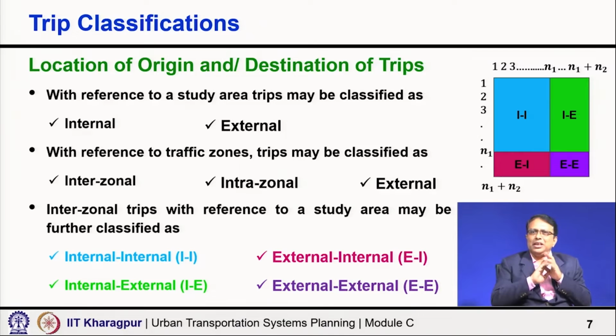Let me explain very clearly. Let us say we have n1 number of zones we are considering within the study area. That means I have demarcated my study area using a cordon line.